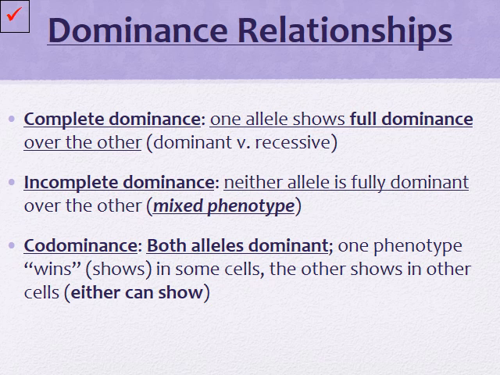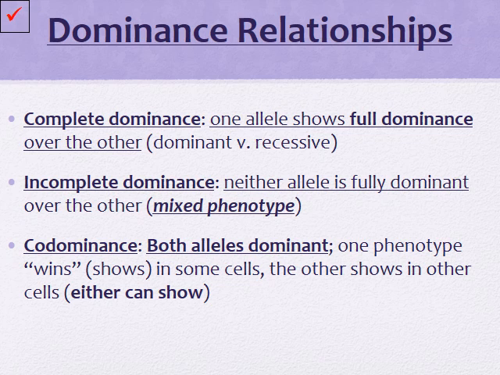And our third type is codominance. With codominance, both alleles are dominant. So one phenotype wins in some cells and the other wins in others. So what we mean by that is it can show either. So for example, let's say we were crossing 2 flowers. One that was white, one that was red.